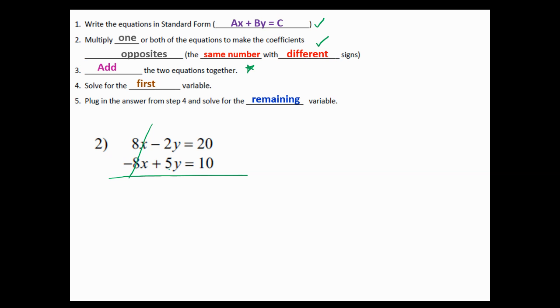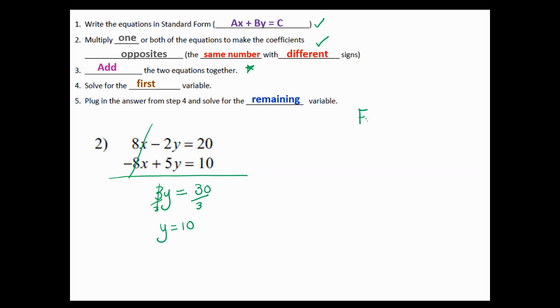So add up and down. So this is 5y minus 2y, that's 3y. Go down, equals 20 plus 10 is 30. Divide by 3, or you should already know that that's 10, right? 30 divided by 3, or 3 times what gives 30, right?